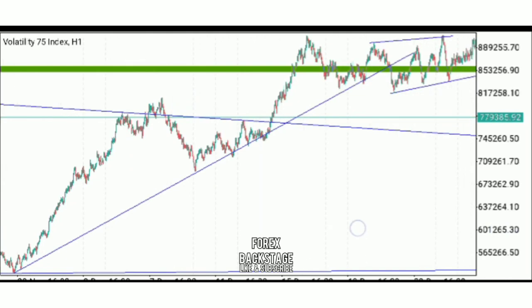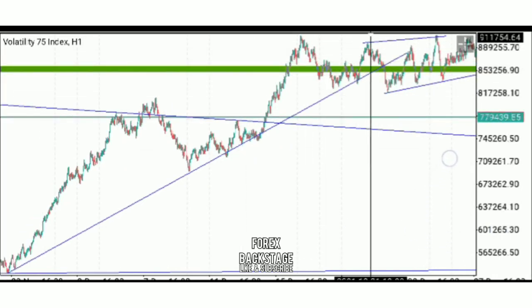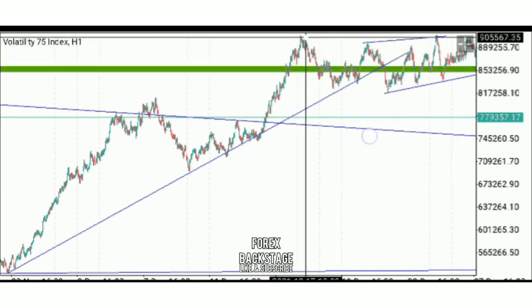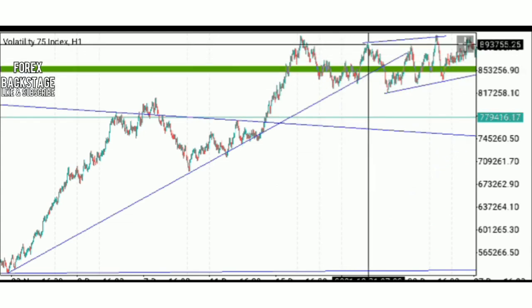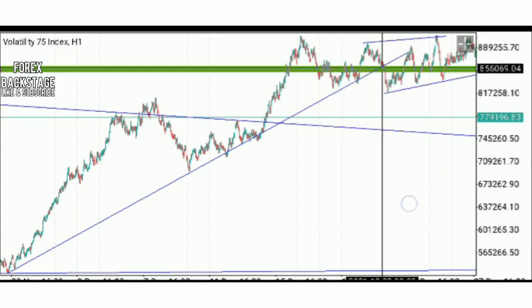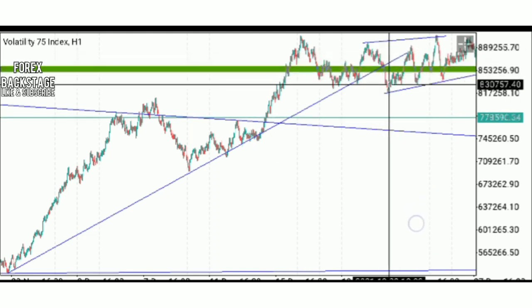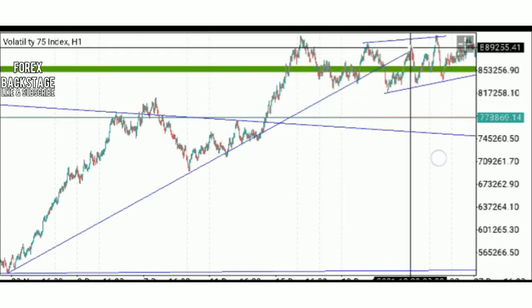That shows that price is no longer making continuous higher highs and higher lows. As you can see, this was our higher high, our higher low. It didn't make a higher high. You get my point? Instead of making a higher low, it made a lower low, which is lower than the previous low. Then a retest to the trend line.